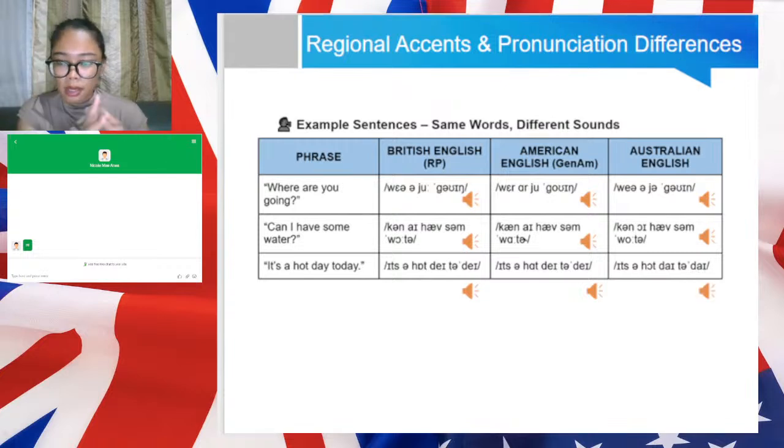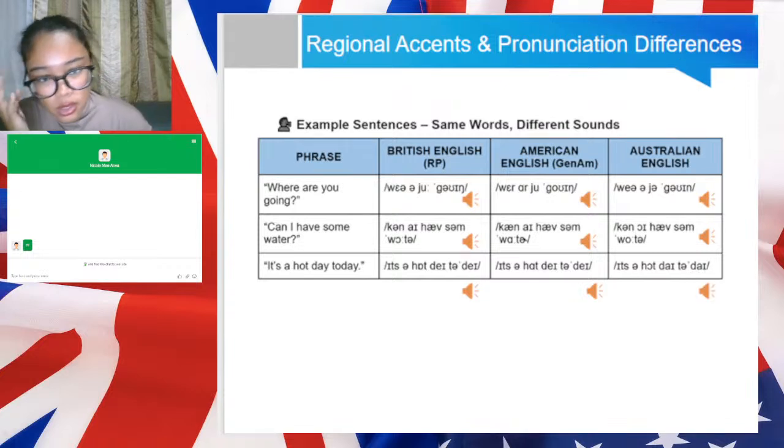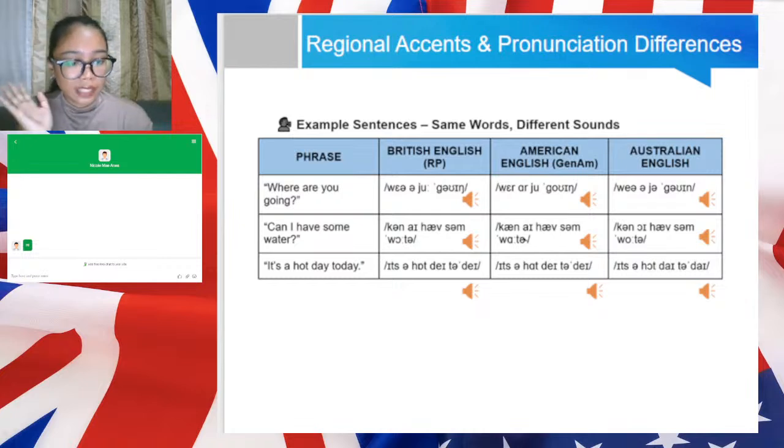So those are the example sentences with different regional accents, to clearly identify the differences between the three. We hear these examples so that it can really bring the accent variations to life. Being able to recognize these differences will make you a much better listener, and help you understand English speakers from all over the world.